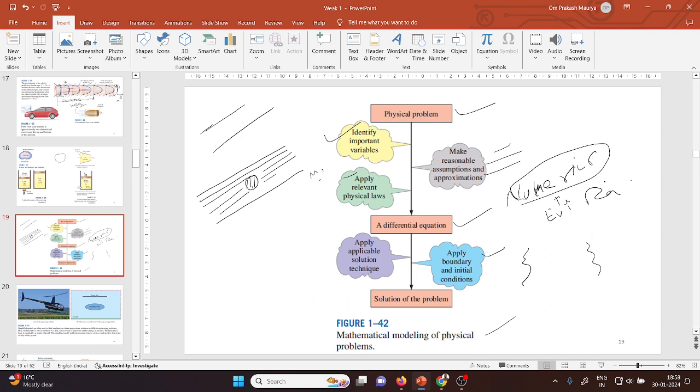Just for your understanding, I am drawing here. You will draw the nodes. And why nodes? Because these techniques solve the equations at the nodes. Each and every node you solve the equations as you propagate downstream, and you get some result.